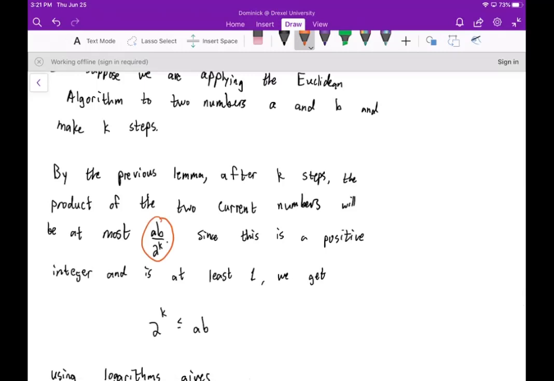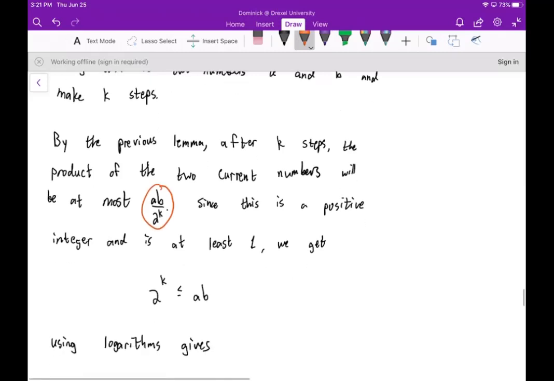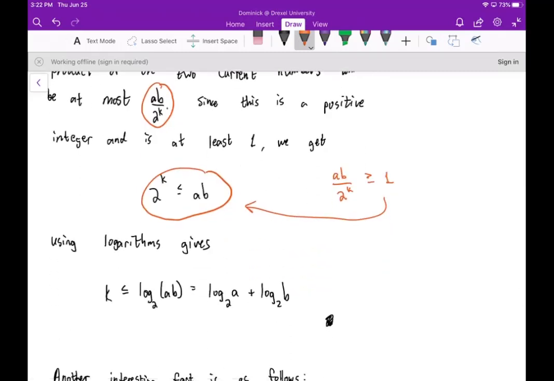Since this is a positive integer, it has to be at least 1, so AB over 2 to the k is greater than or equal to 1. Multiply both sides by 2 to the k and we get this. Then if we use logarithms, you'll find that k is less than or equal to log base 2 of A times B, which using your log rules, you can separate into that sum.